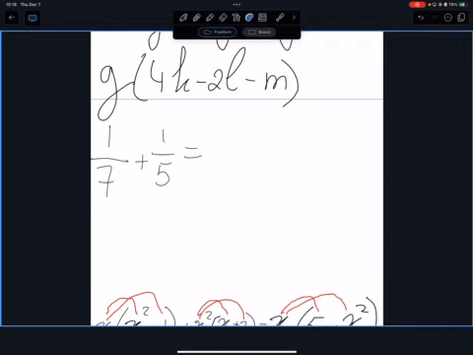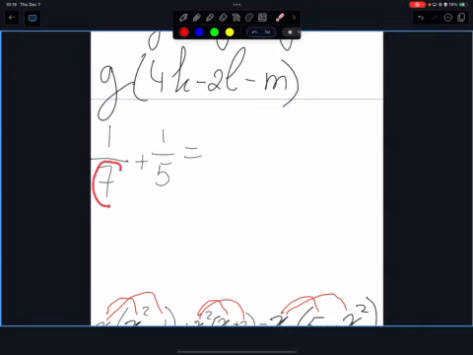So, when you look at fractions, it's simple. The denominator has to become the same. Remember, not the answer. How do you get to the answer? You look at the table of 7 and 5.